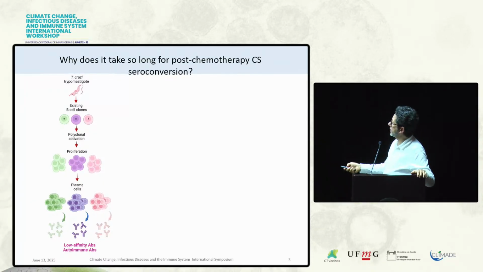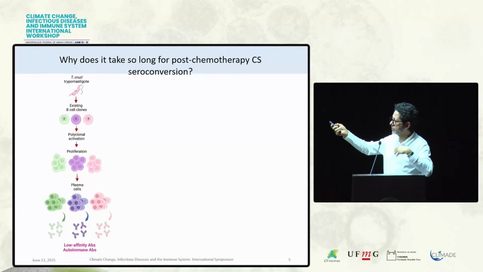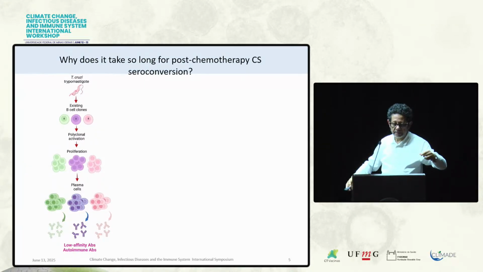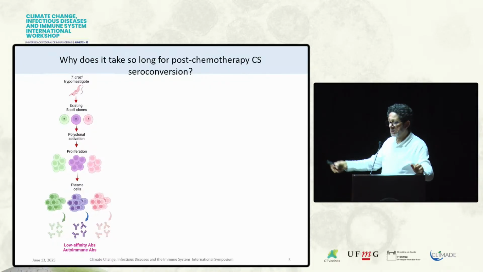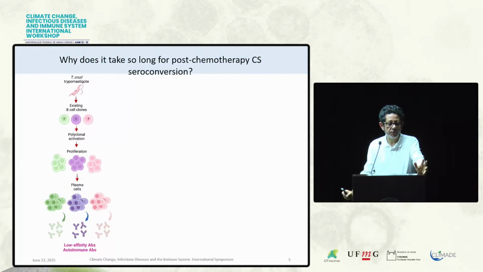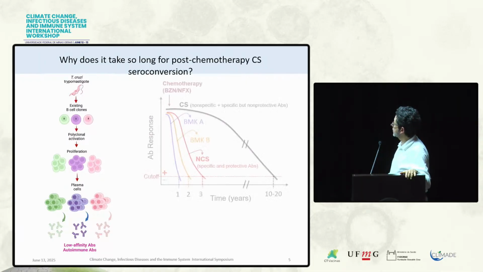So the existing B-cell clones against many different things, against fungi, parasites, and things we eat or get exposed to, are activated, proliferate, and the plasma cells secrete low-affinity antibodies, and many of these antibodies are autoimmune antibodies. So they are found in very low titers in the serum of patients.